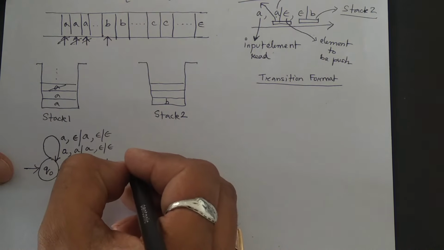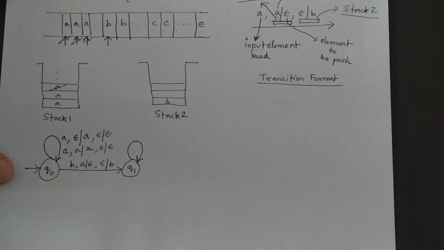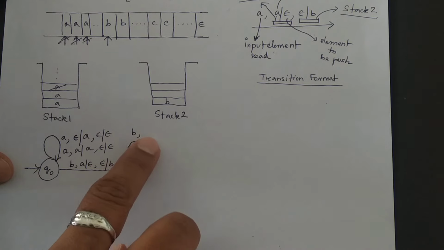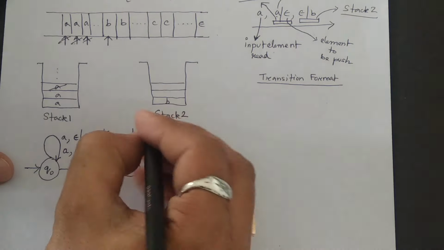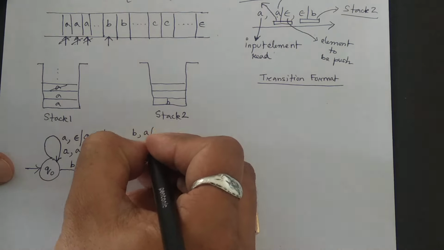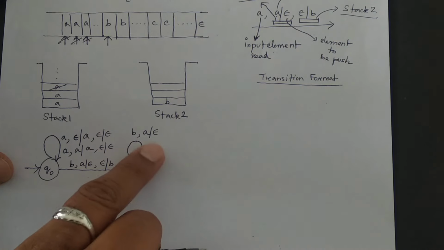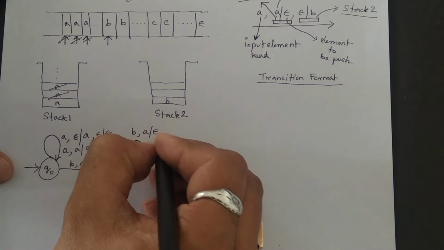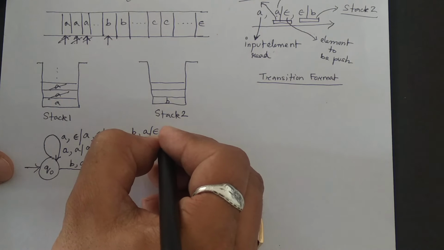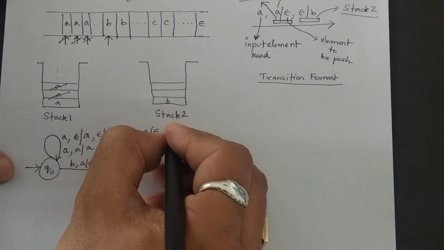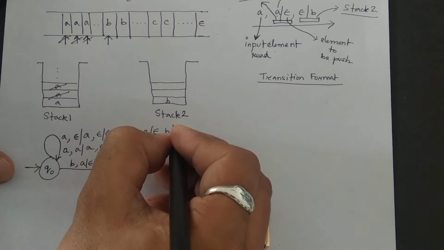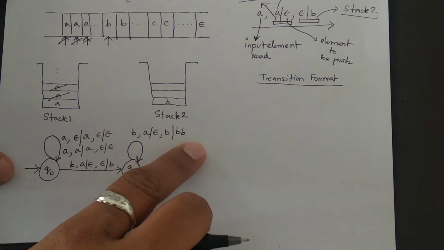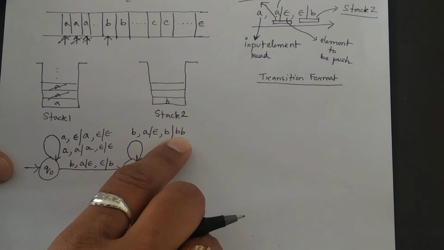Now this process will continue here until we complete all the B's. On seeing input symbol B, in stack number 1, the top of the stack is A, epsilon means A will be popped. And I have to do the push operation in the second stack, like this: B, B, then B, B, B. I have noted down only 2 B's here.